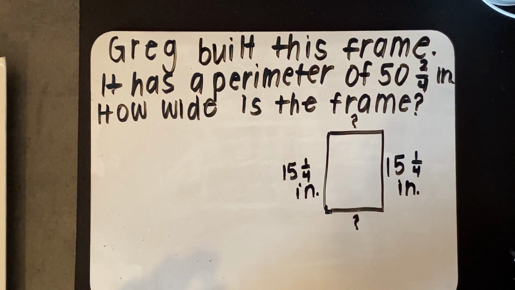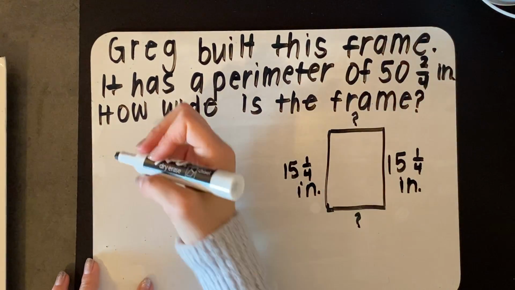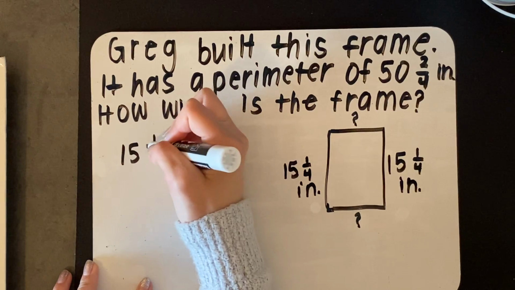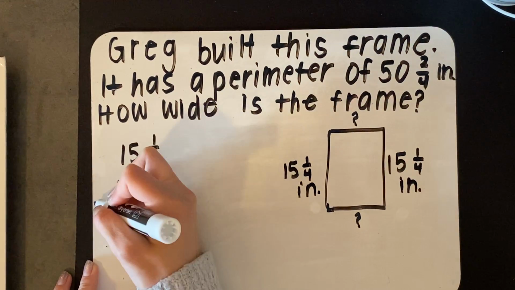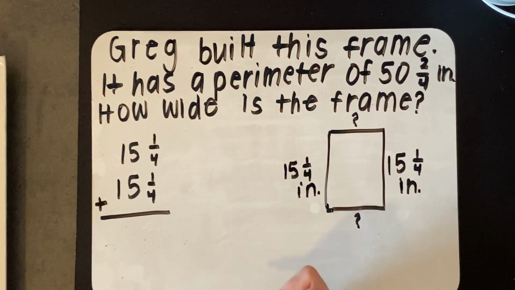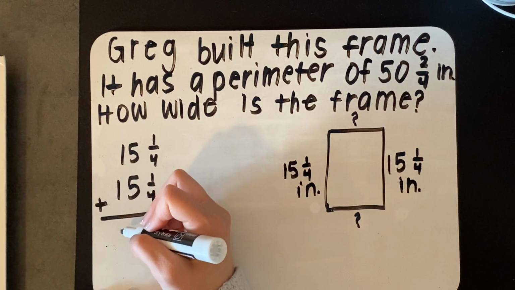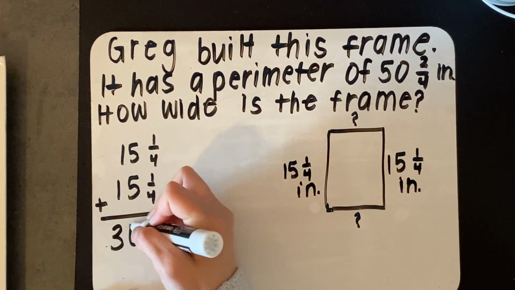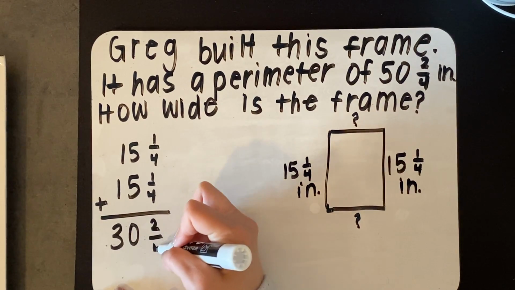The first thing I'm going to do is I'm going to add the lengths I already have to see how much we're working with. 15 1/4 plus 15 1/4. We all should know how to do this. First, we add the whole numbers. 15 plus 15, I know is 30. 1/4 plus 1/4, I know is 2/4.